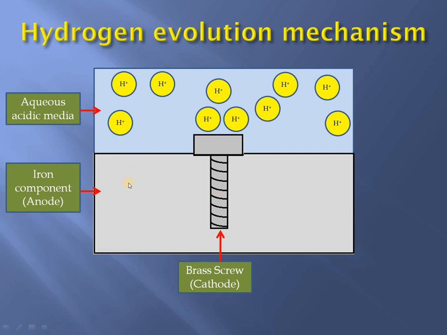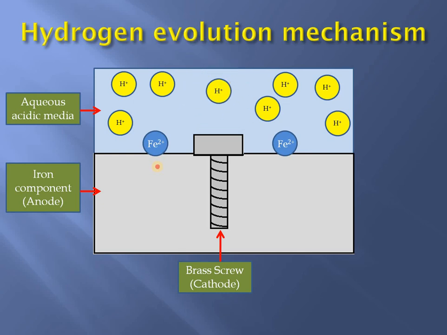Now when there is a generation of anode and cathode, the corrosion process will start. Here the anode will undergo corrosion, so iron will undergo corrosion, and hence Fe will form Fe2+ and go into the electrolytic solution in the form of Fe2+ ion, while the electrons given by the Fe will travel from anode to cathode, and at the cathode they will be captured by the hydrogen, and there will be formation of hydrogen gas, and that hydrogen gas will be evolved in this hydrogen evolution mechanism.